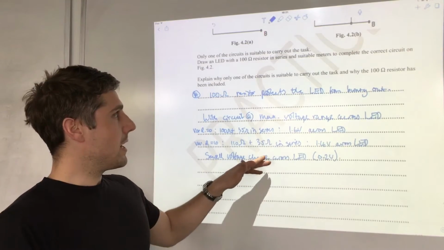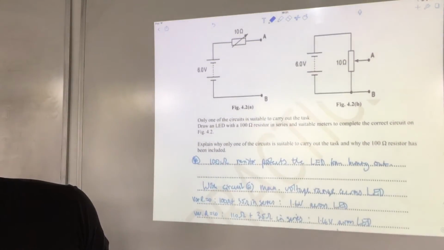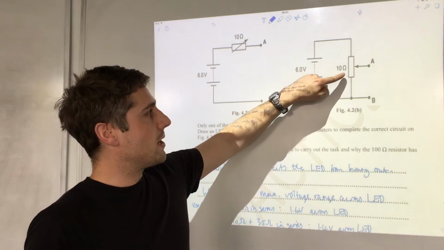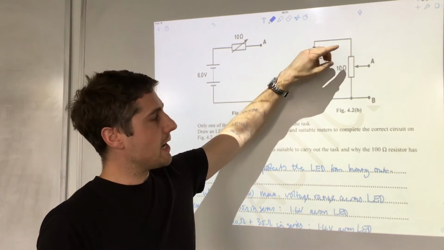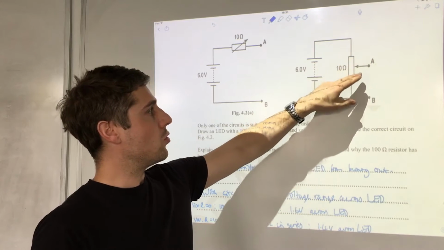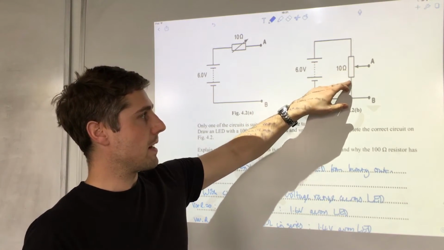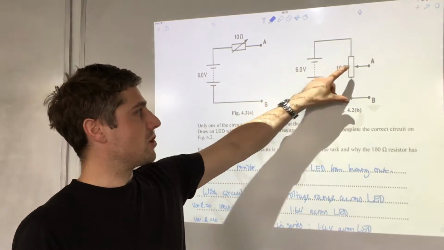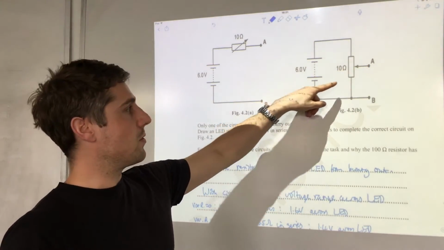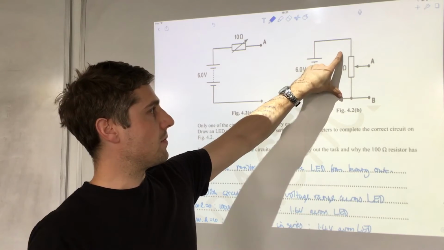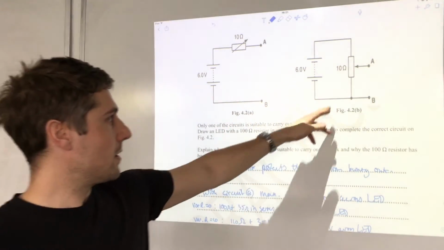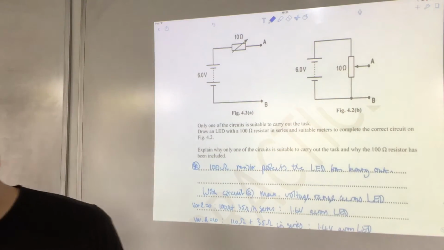Okay, now what if we used the other circuit? In this circuit, we could potentially have 10 ohms in parallel with our arrangement or 0 ohms in parallel with it. That gives us a total voltage change across AB of 6 volts, because it would go from 6 volts with the 10 ohm there and 0 when the slider was on this side of the resistor.